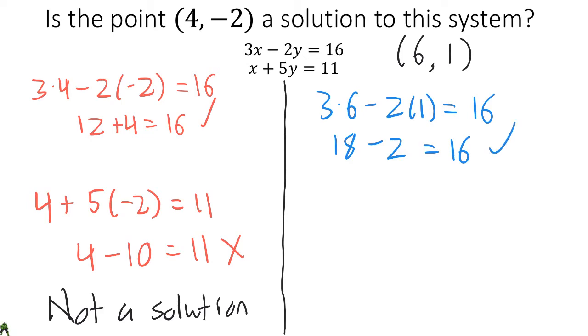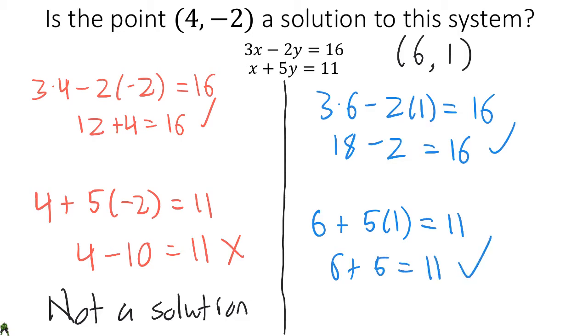That checks out. Now let's check the other equation. 6 plus 5 times 1 equals 11. 5 times 1 is 5. 6 plus 5 equals 11. That checks out as well. Now we found a point that is a solution. (6, 1) is a solution to our system.